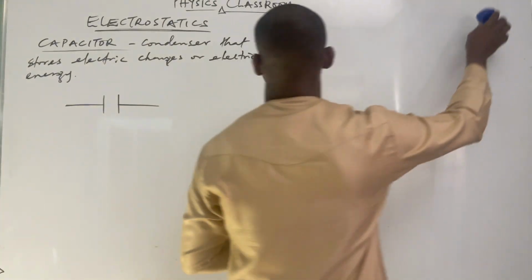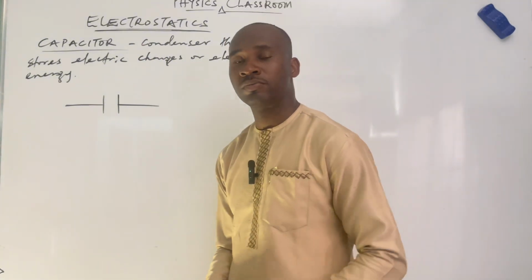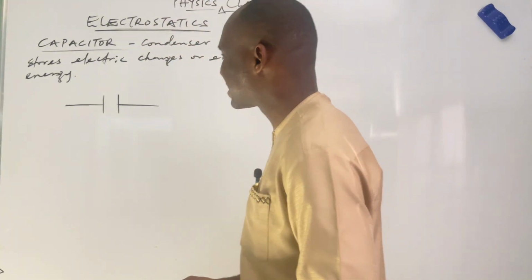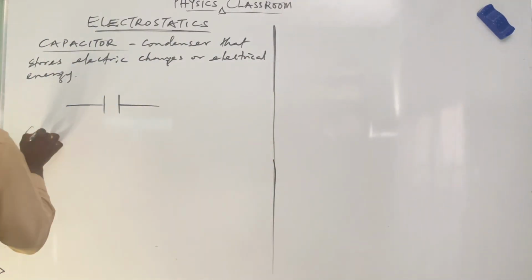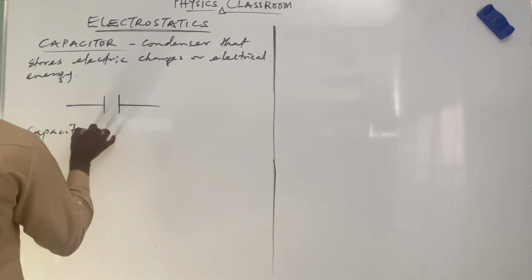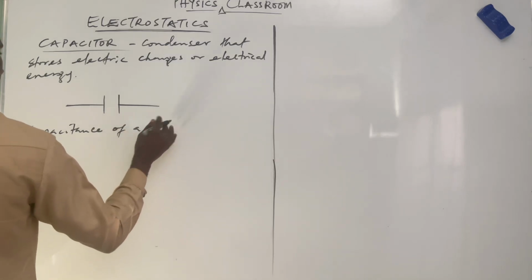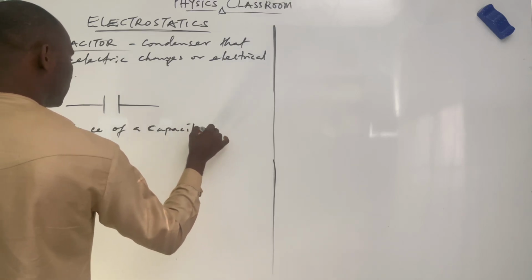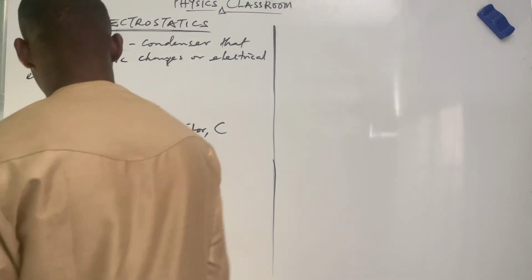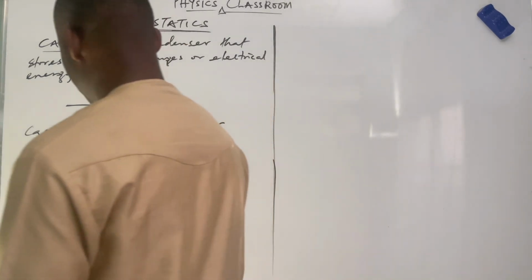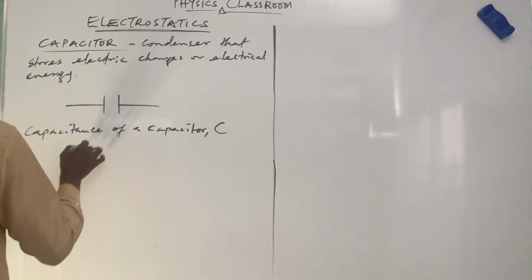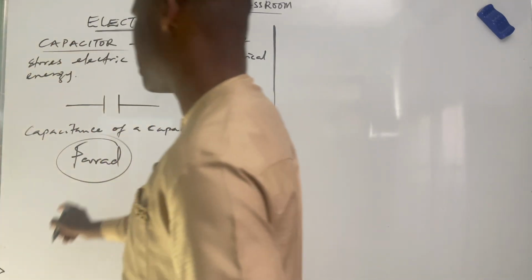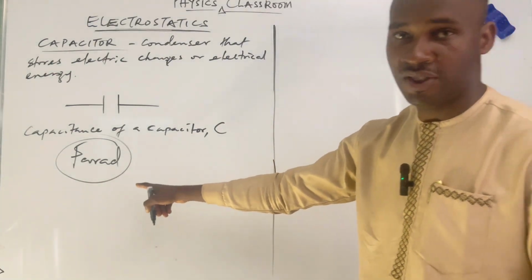All right. Still on capacitor. A capacitor has a property we call capacitance. The capacitance of a capacitor has the symbol capital letter C, and it is measured in farad. Take note.